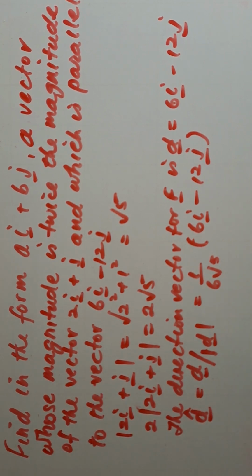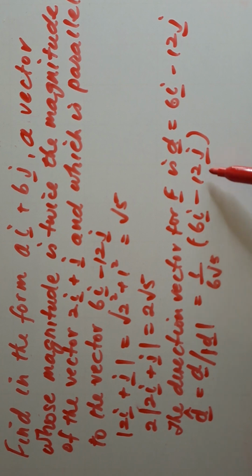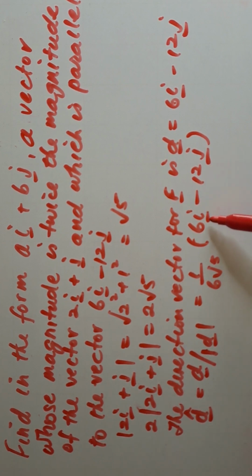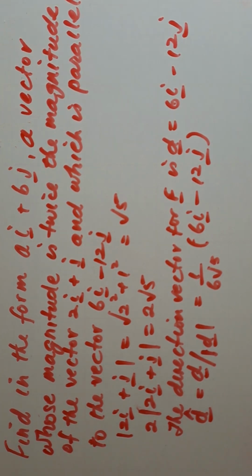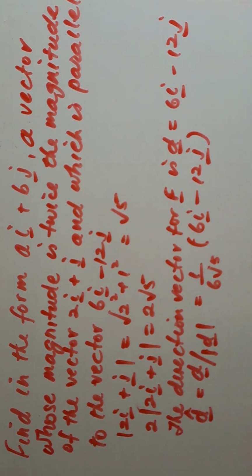Again, I've found the modulus or the magnitude of this vector by squaring 6 and adding it to the square of minus 12, and that computes to give us 6 root 5. We've turned it into a fraction to multiply our vector d by 1 over 6 root 5.